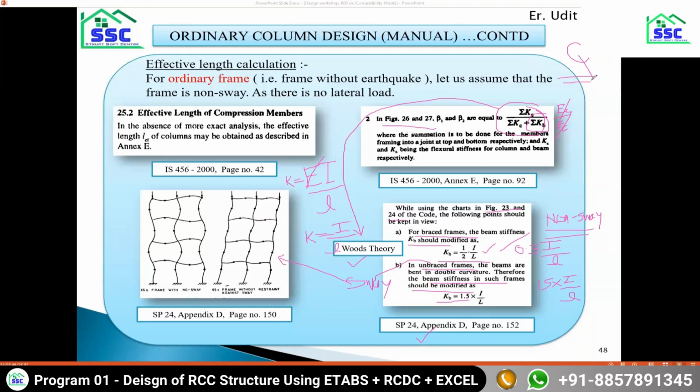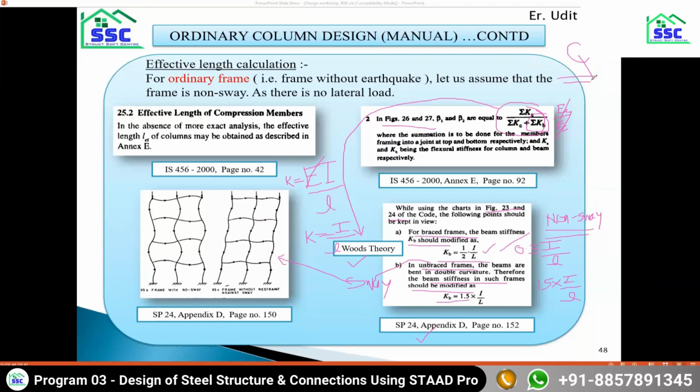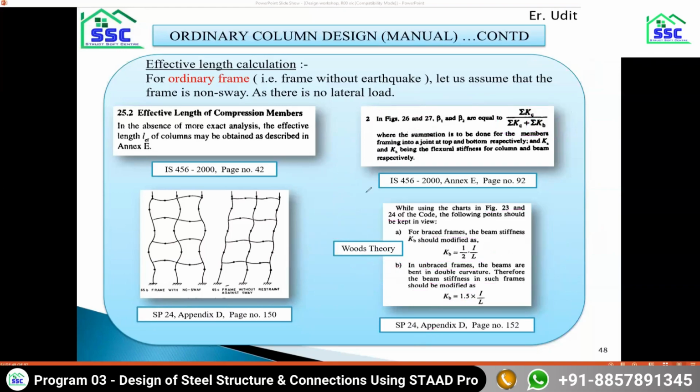So I hope this concept of calculation of beta 1 and beta 2 is clear. Beta 1 and beta 2 are required for finding out the effective length factor K. This is given in Woods' theory. There is a very wonderful explanation of the entire effective length calculation using these two figures in SP24 Appendix D. You can definitely go and refer to it later on.